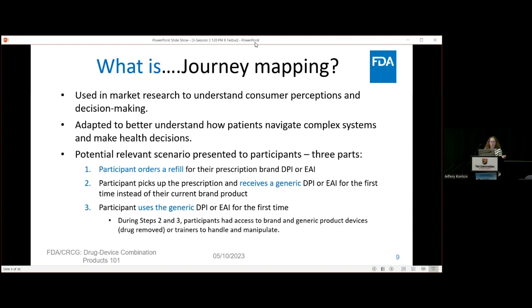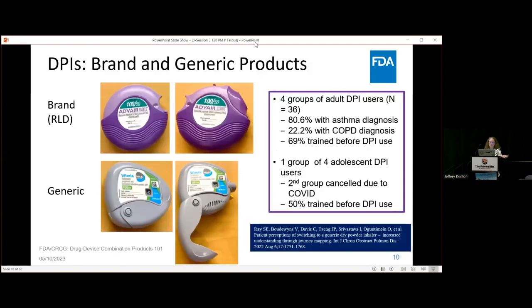For the remote sessions, the trainers were mailed to the patient's house in a sealed package that they were told not to open. They opened it online in front of the moderator so they could see what was going on.